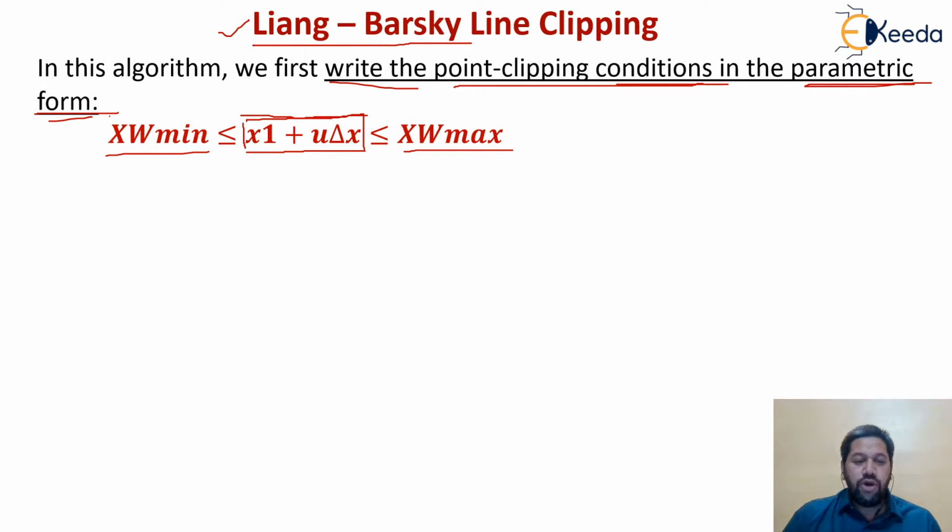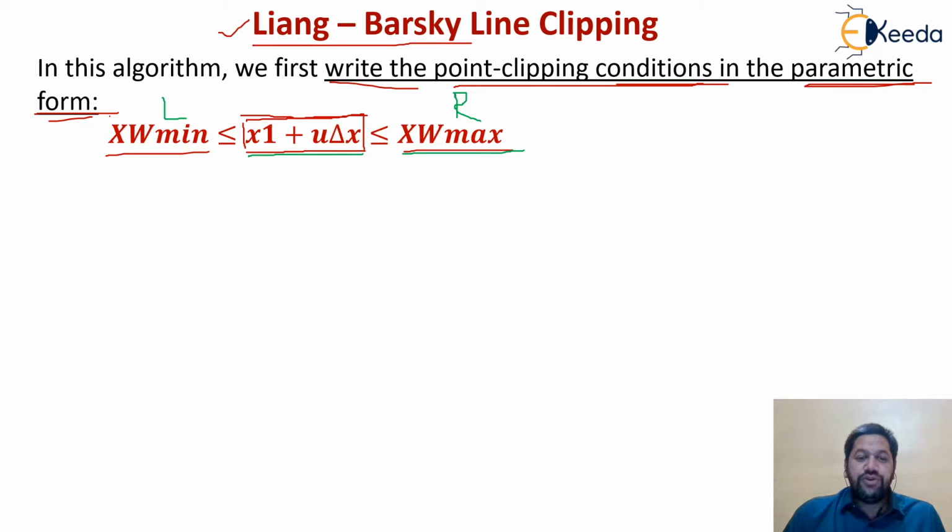As all of us know, xw minimum always represents the left edge of the clipping window, and xw maximum always refers to the right edge of the window. So x1 plus u delta x should be greater than or equal to xw minimum, and less than or equal to xw maximum. So it should lie between these.